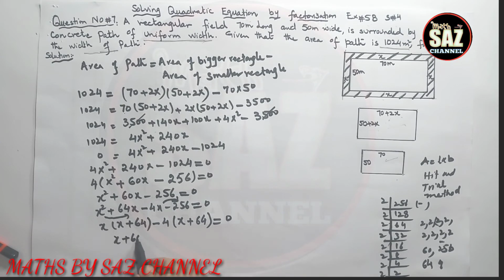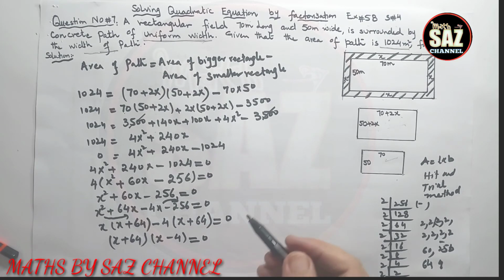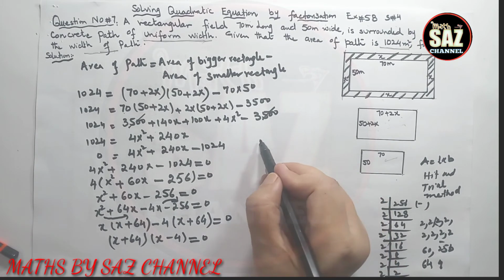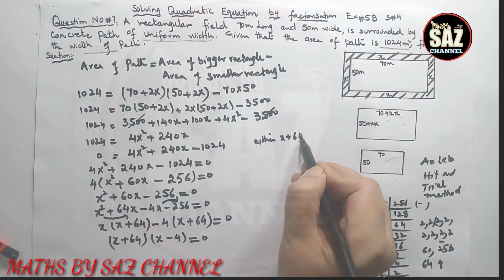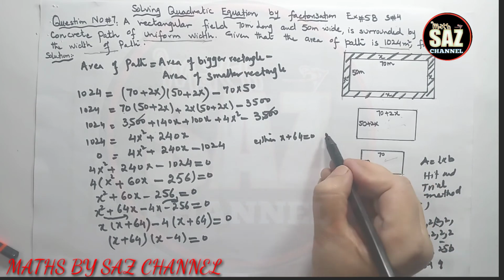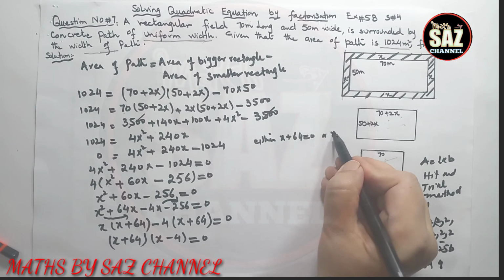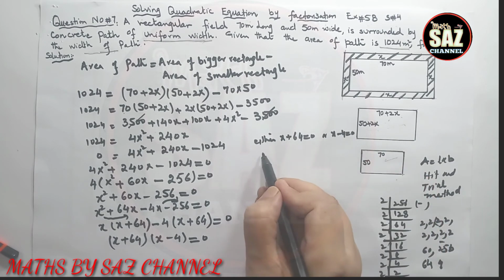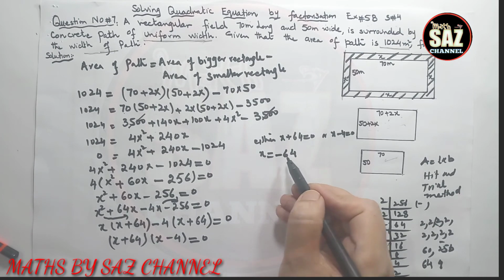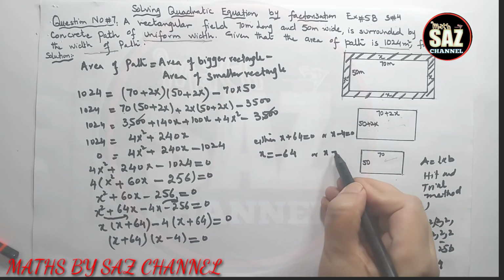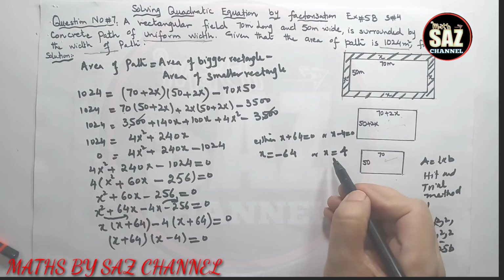Pull it out. x plus 64 is the common group, and x minus 4 inside the bracket equals 0. Now I have to apply the either-or condition. Either x plus 64 equals 0 or x minus 4 equals 0. This will give me x equals negative 64, or x equals 4 with a positive sign.